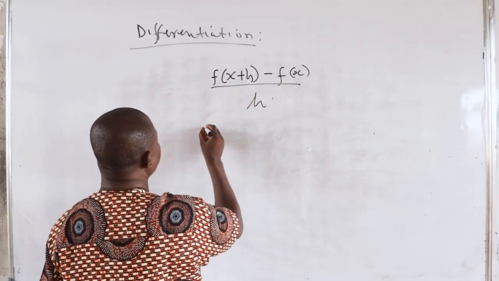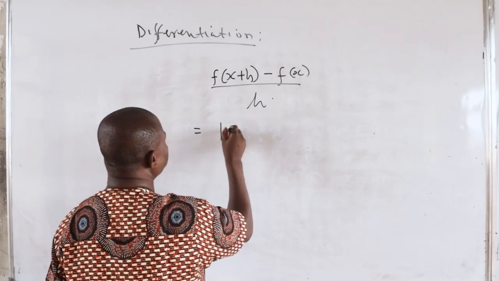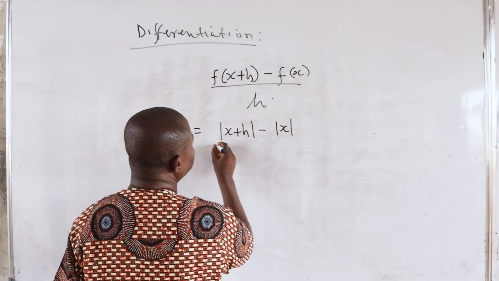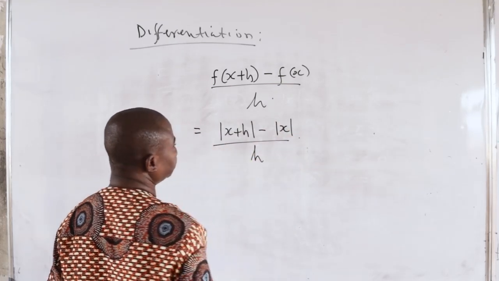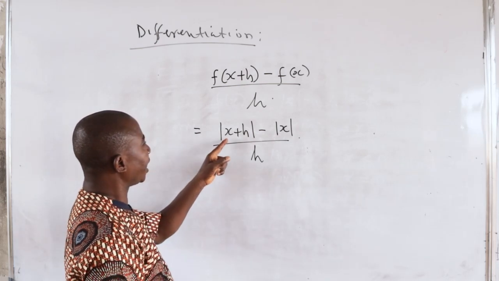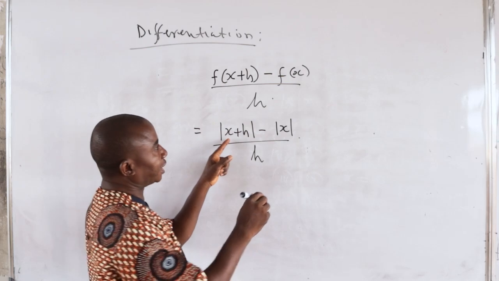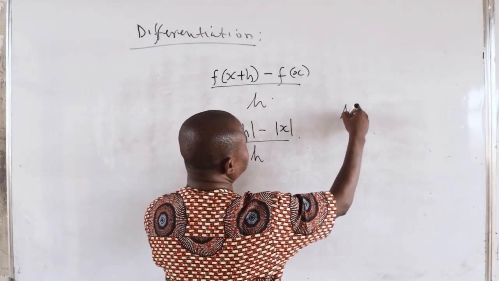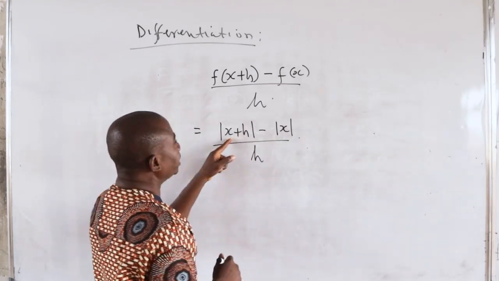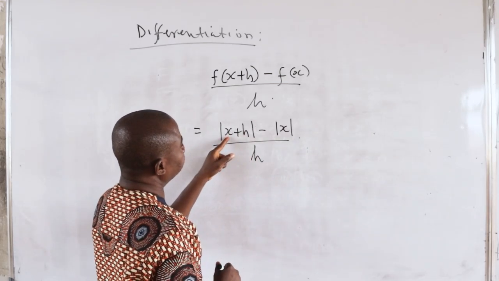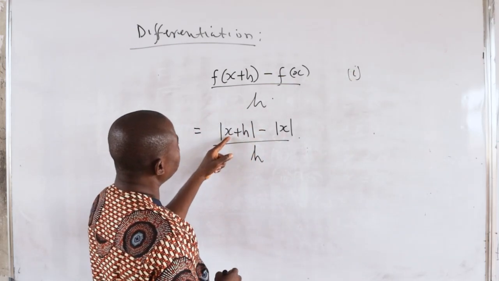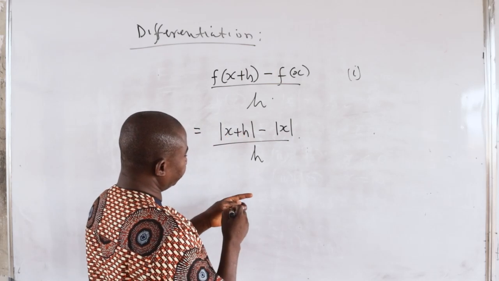On the numerator, we're going to have absolute value of x plus h minus absolute value of x. Then we divide by h. Now, our x is positive. Like I mentioned when I introduced h, here I want h to be a positive number. Okay. So, since h is positive and x is positive, because we're dealing with the first component of the problem we posed, x plus h is a positive number.